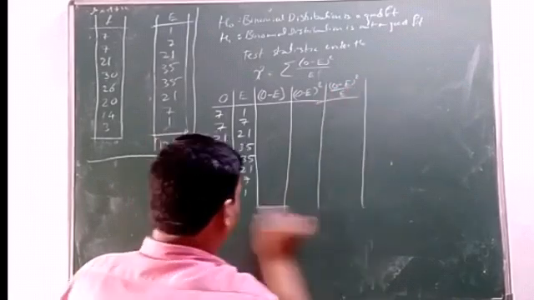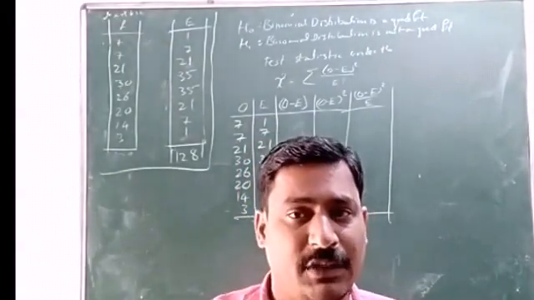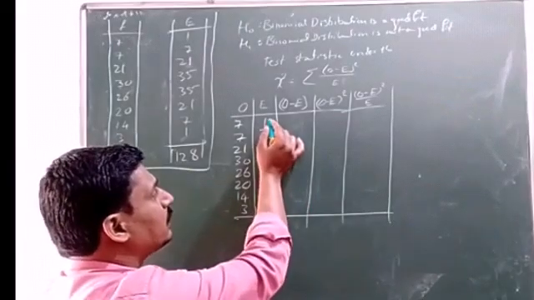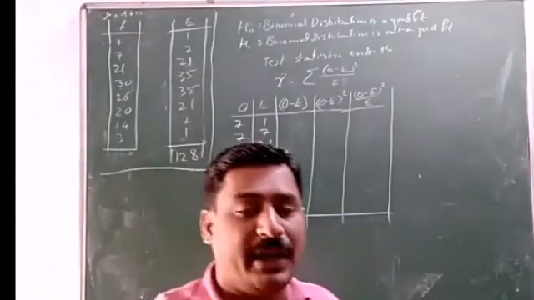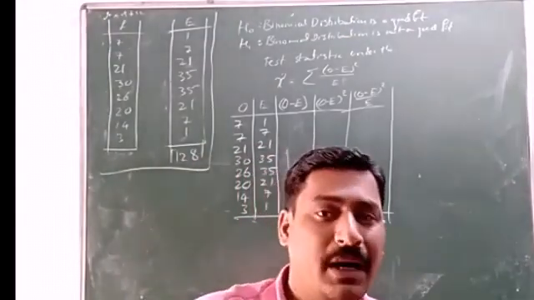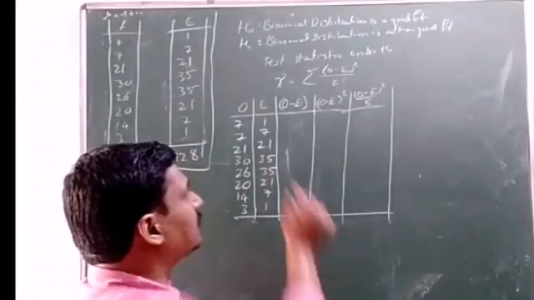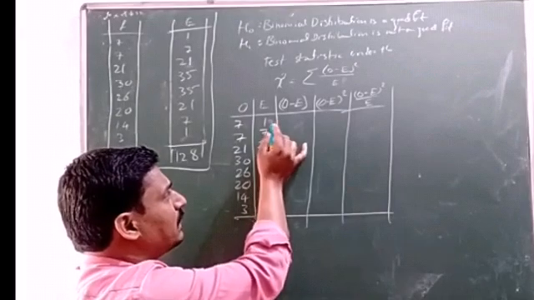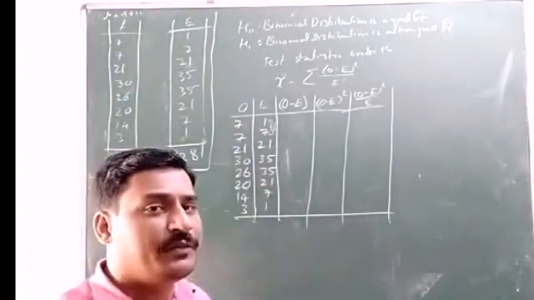So here expected frequency should be more than 5. The first frequency here is 1 and the last frequency is 1. Both are less than 5. So merge them with adjacent frequencies. So this 1 adds to the next frequency, so it will become 8, and meanwhile do the same with the observed frequencies.